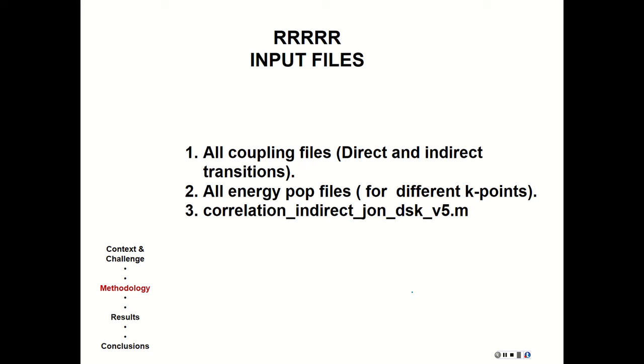For combining them, we use a MATLAB code, whose output is 16 different rate field tensor files. So K point 1 to K point 2, K point 1 to K point 3, K point 1 to K point 4, K point 1 to K point 1, and similarly for the rest of them. So 16, the number of K points squared. Yeah, 4 squared, since we have 4 K points.